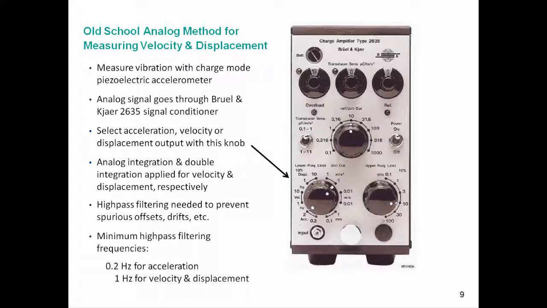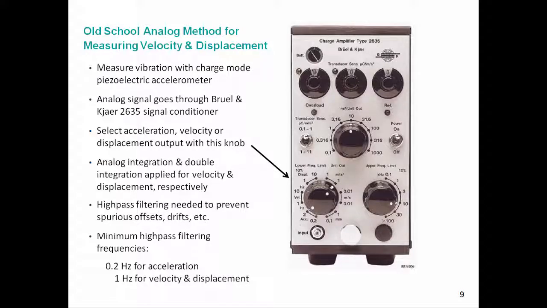So what this charge amplifier / signal conditioner is going to do is, depending on that knob setting, it will either do an analog integration to velocity or an analog double integration to get displacement. So the resulting output signal would have volts proportional to either acceleration, velocity, or displacement, depending on the setting of the various knobs there.